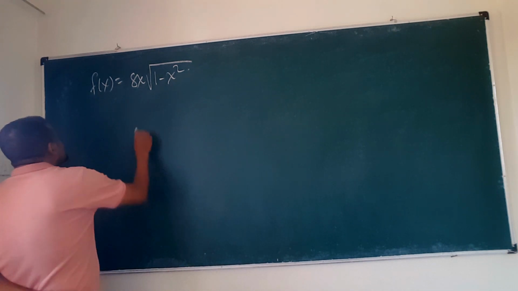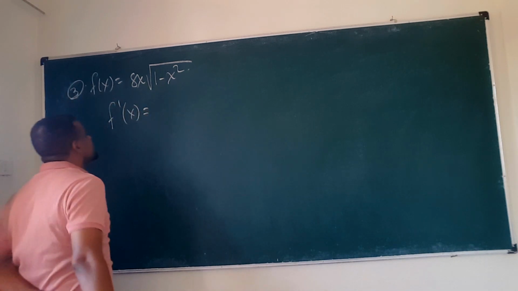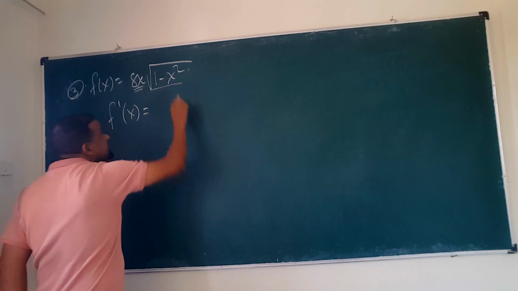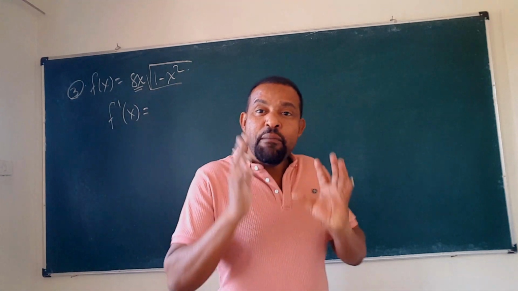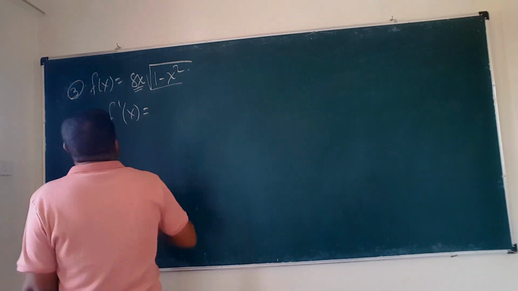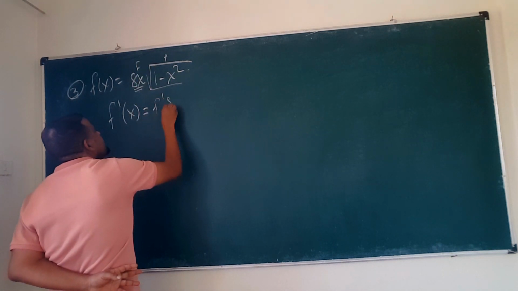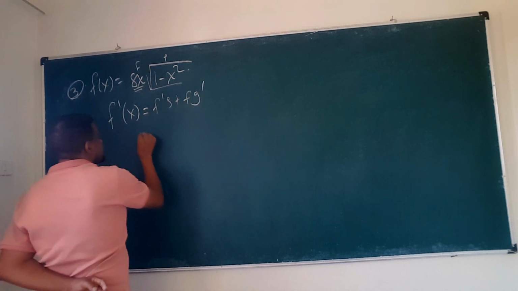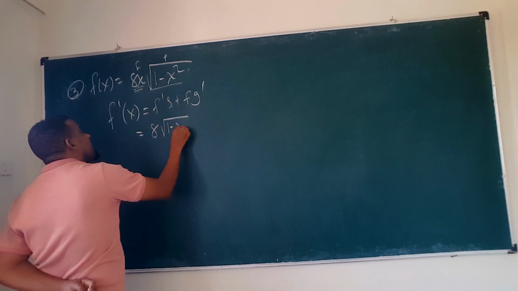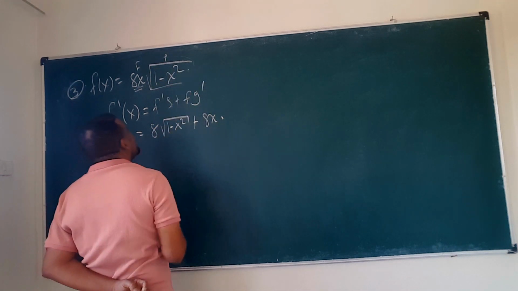If you have been given the function 8x times radical of 1 minus x squared, find its critical numbers. Let's find the first derivative. We use the product rule, and for this part the chain rule. Radicals and the derivatives we discussed earlier, you should be able to recall. The derivative of 8x is 8. Take one as f and the other as g: f derivative times g plus f times g derivative. Our f is 8x, its derivative is 8, times g, which is radical of 1 minus x squared, plus 8x times the derivative of radical of 1 minus x squared.